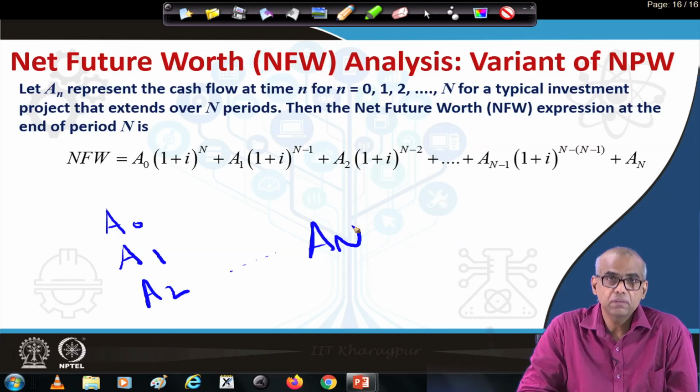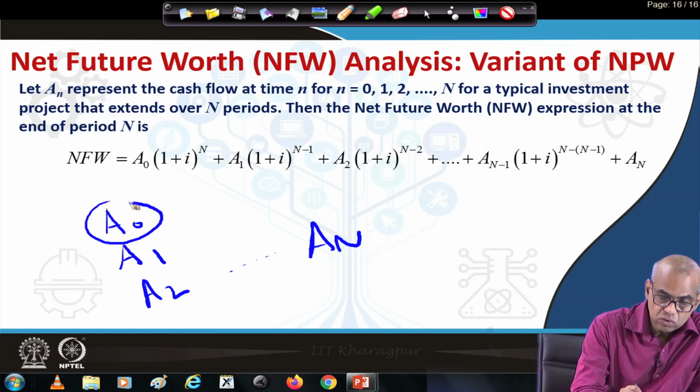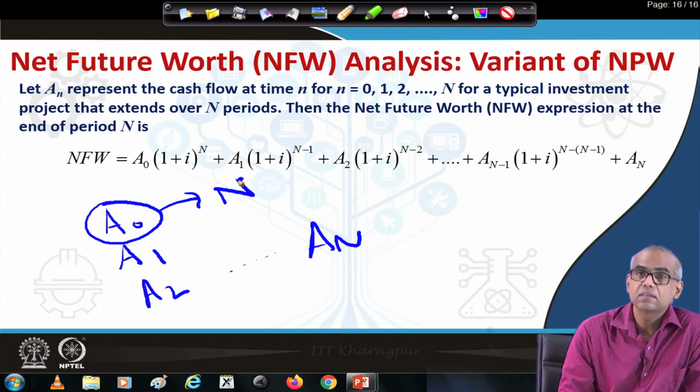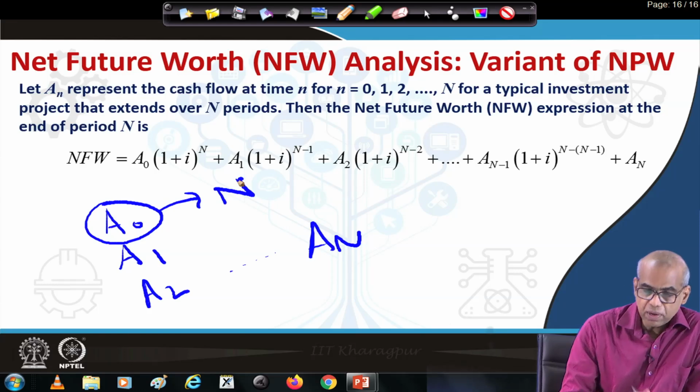So, what will be the net future worth? Note that A0 is being utilized for N years. So, we can compute it as F equal to P into (1 plus i) to the power N.